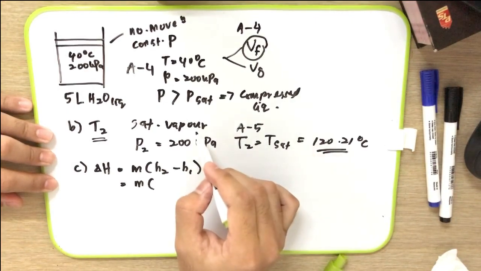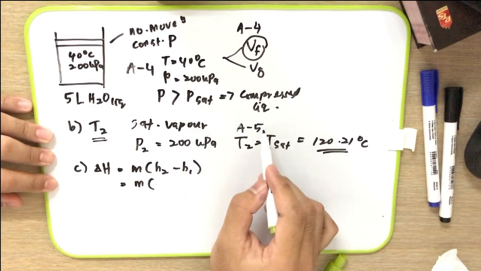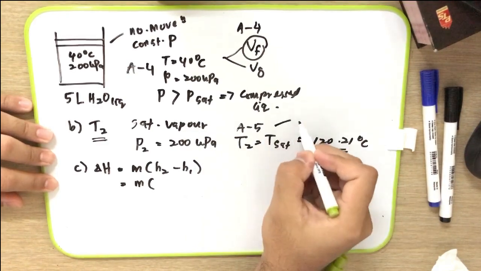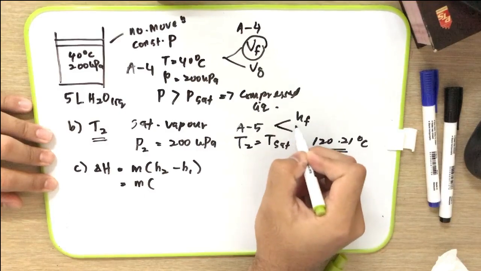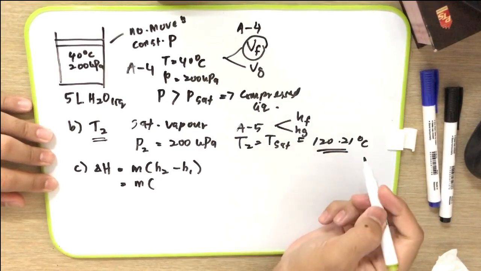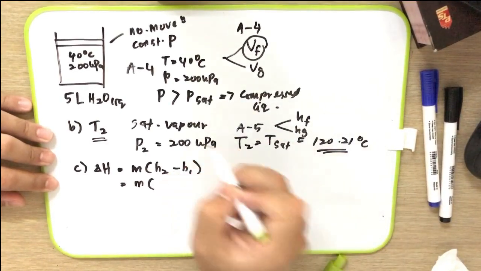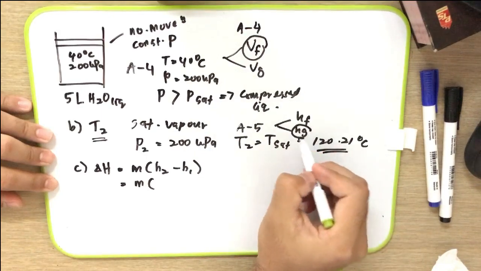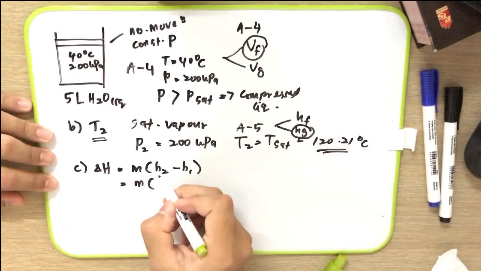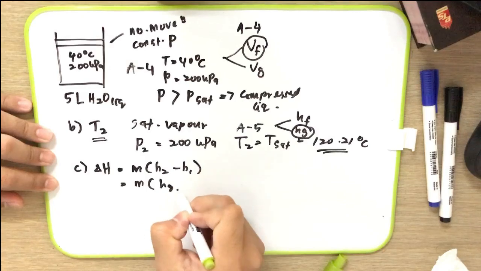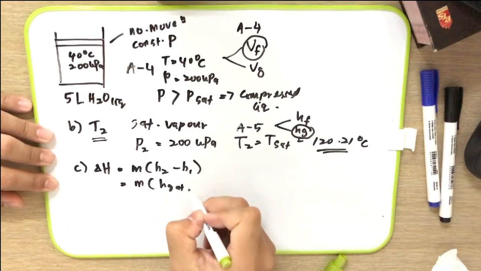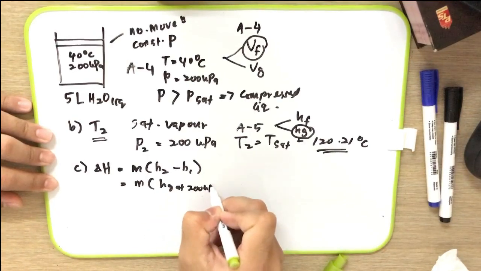This is saturated vapor, right? And A5 is the saturated table. From this table, we can find Hf and also Hg. Which one should we choose? Because it is saturated vapor, we need to use Hg. So H2 here is Hg at 200 kilopascal.